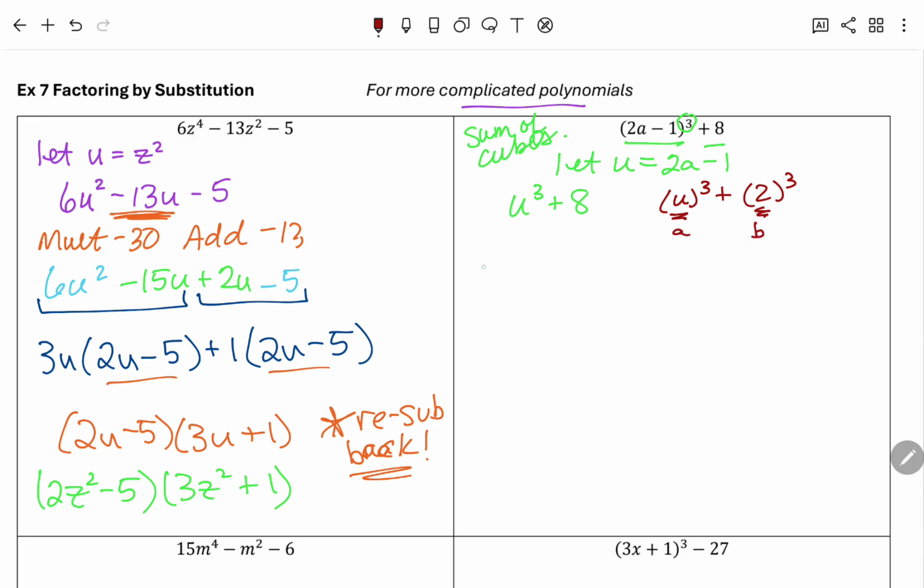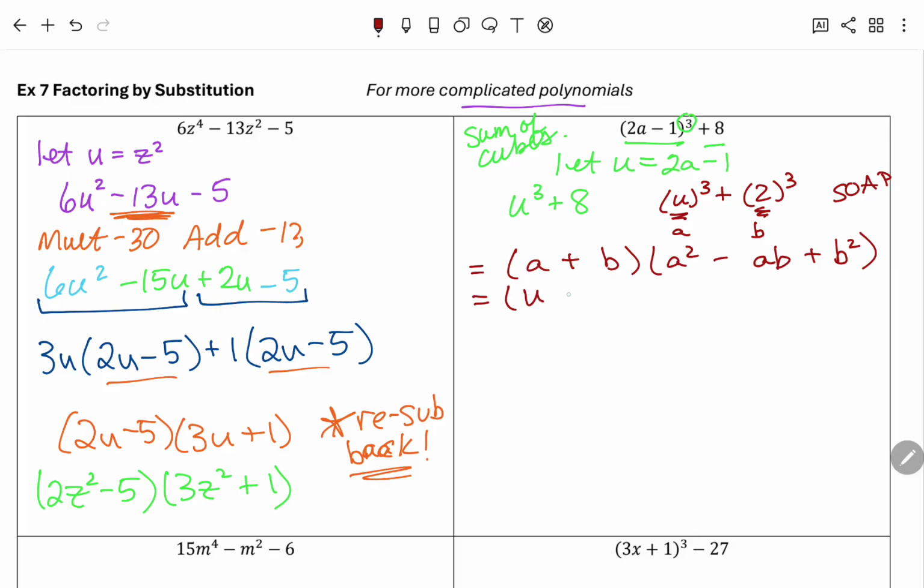And if we need a refresher, the pattern is a plus b, a squared minus a b plus b squared. And then we use SOAP for the operations. Same, opposite, always positive. So in this problem, we have a plus. Same, opposite, always positive. Now let's actually fill in using our a and our b.